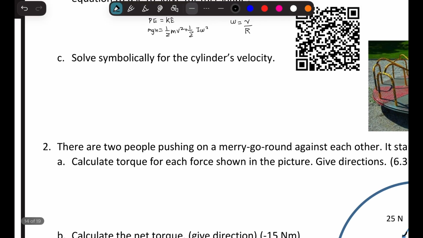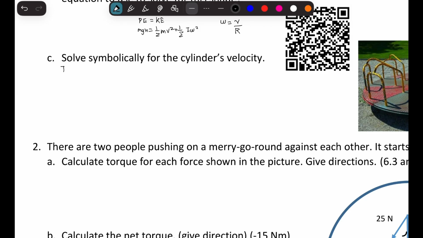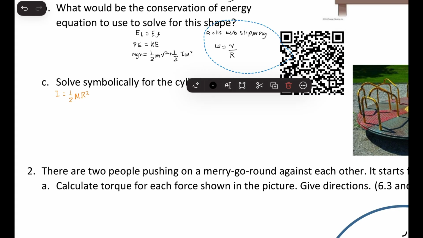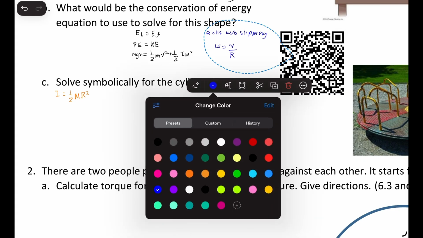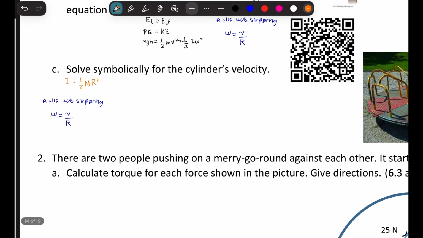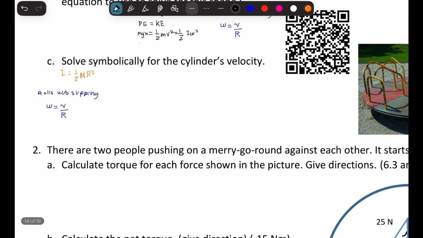We can substitute I equals 1/2 mr squared. We also have the rolling without slipping relationship, and we can bring this down here too, because we're going to use it, along with our conservation of energy equation.